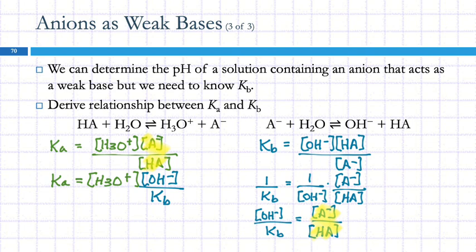So let's simplify this. Ka times Kb is equal to H3O plus times OH minus.